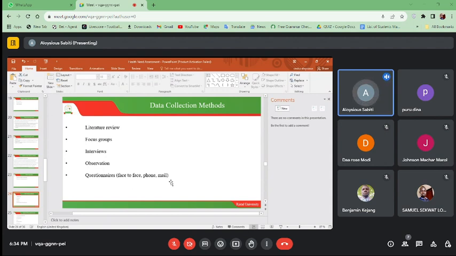Then we can do interviews, key informant interviews, and you will be able to get people you feel are directly impacting a particular health behavior. Then you are also able to use observation in a community.